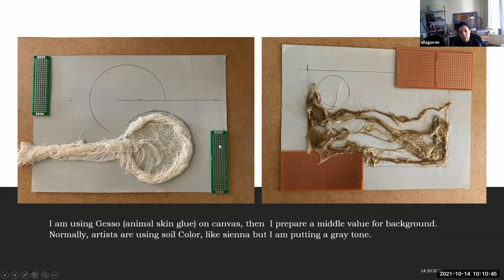Generally on canvas, I'm using a gesso. I begin with gesso. In the Renaissance, the painters used animal skin glue, but now we are using gesso. After I put a background color, then I make small sketches about my composition.